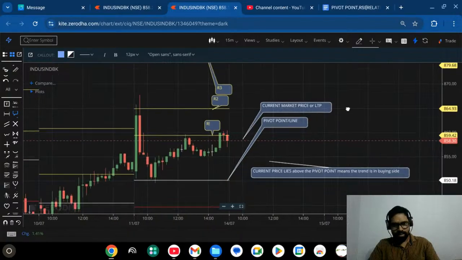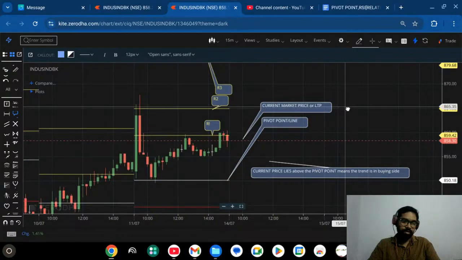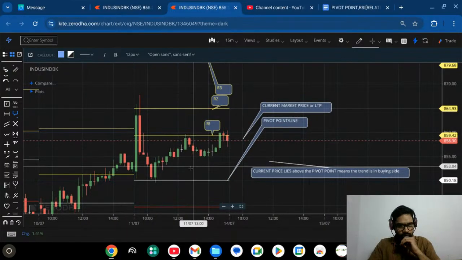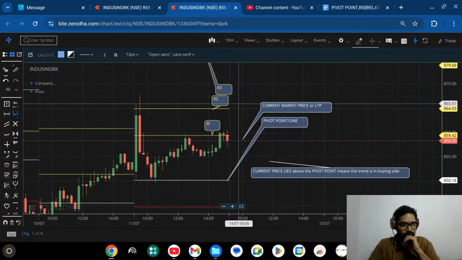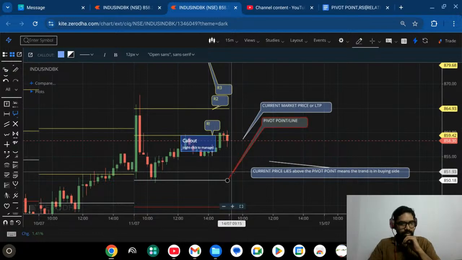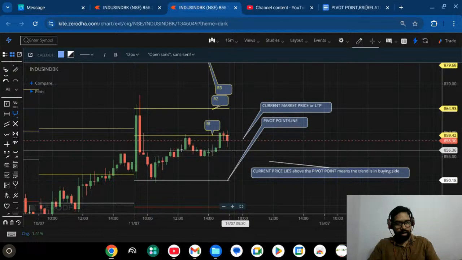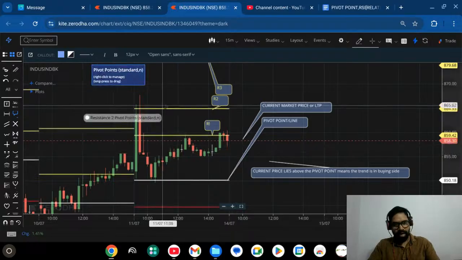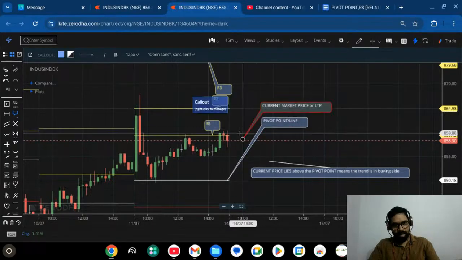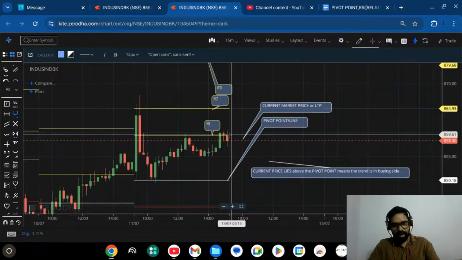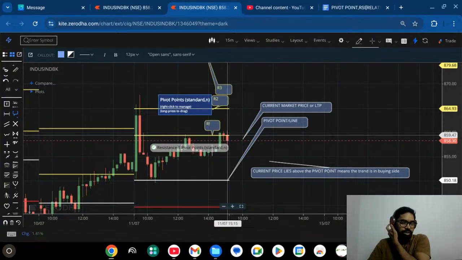So these are the three levels it can go from your entry point, above the pivot, wherever you want to enter. Now see, after struggling the whole day, the market ended at around 3:15. Generally the market closes at 3:30, but if you are dealing with intraday, then it closes at around 3:15, and your position will be squared off.